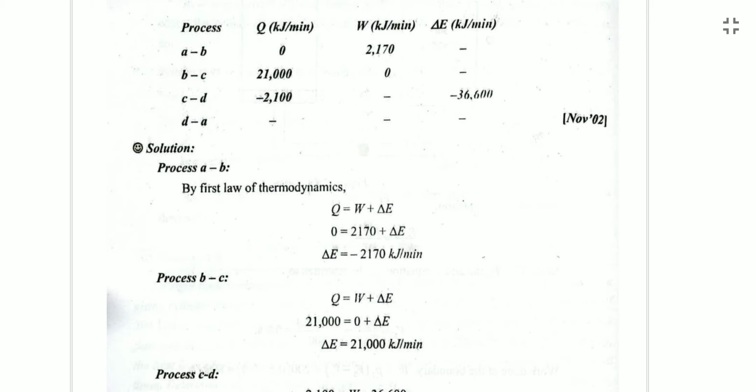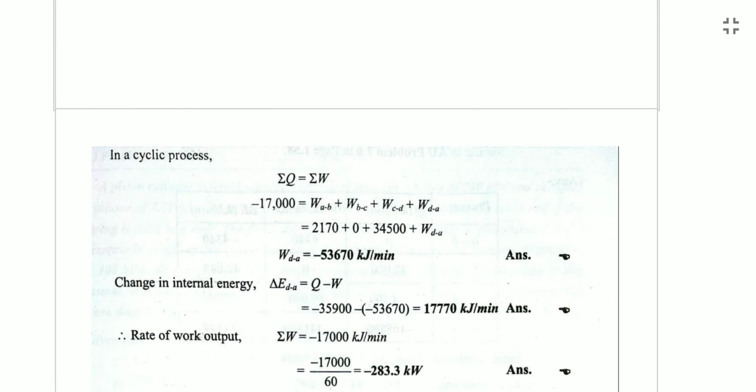So we already found the delta E for process 1 and process 2, process 3 is given, and for process 4 we can use another relation. In a cycle, net internal energy change is 0.